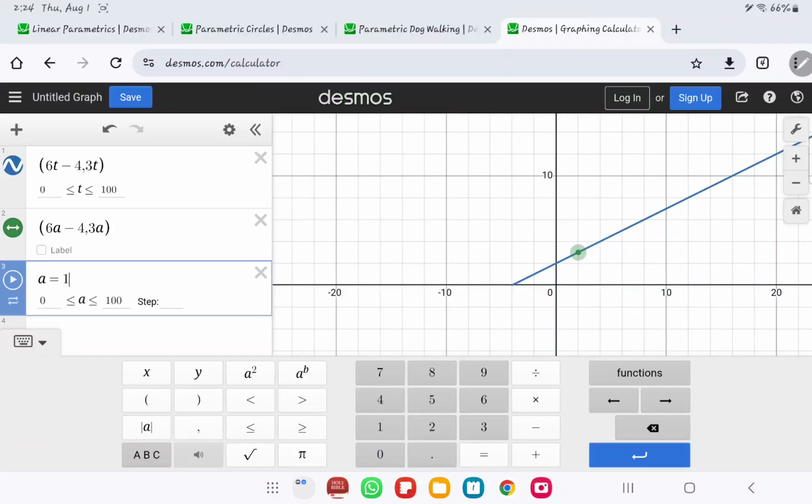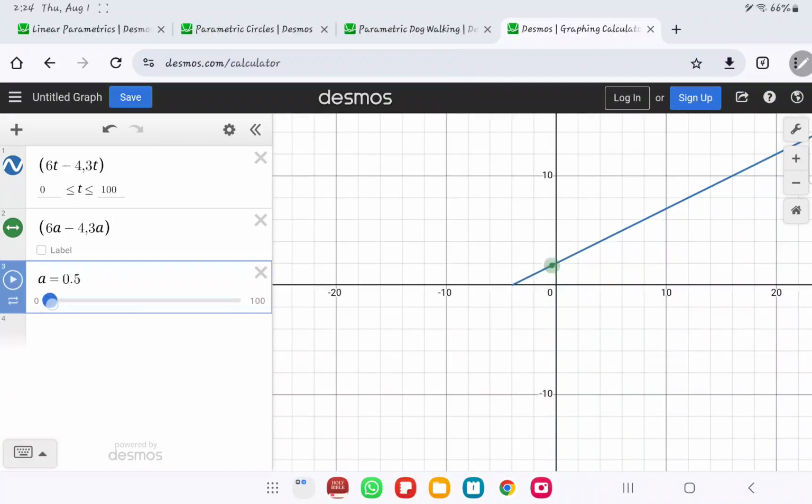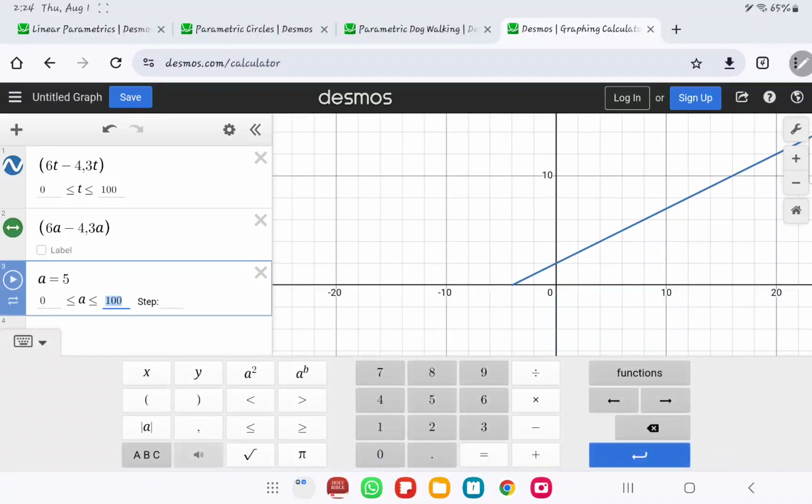Right. And now if I play that, I can tell, there's my 0. And as a increases, I'm moving up in that direction. So I can tell this graph is just going to move right up this way by using that slider. And you don't always have to go all the way out with your a to like 100 or something like that.